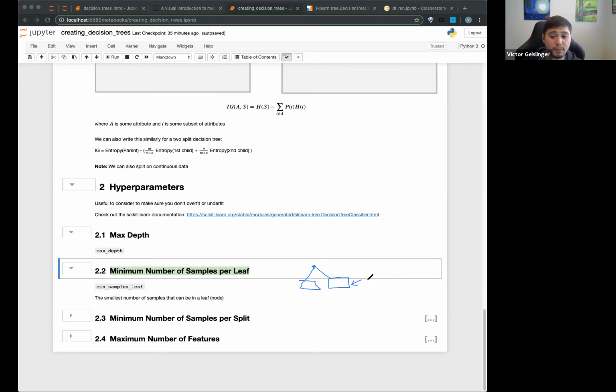Let's say your minimum is 5, and you would get more information by splitting it up, but it would only put 2 in here. You wouldn't make that split; you would ignore it and choose a different split that puts at least 5 samples within this node, or I should say this leaf.